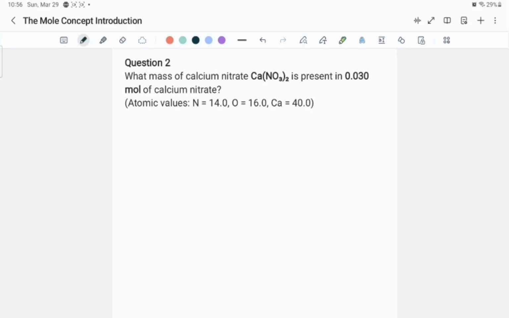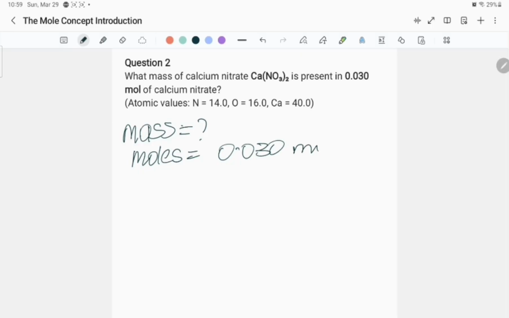You write down what you have, and we write this in chronological order. It's important to write these things in chronological order so you will see what you're doing, you will see your units, and how everything falls into place. The mass is not given to us, but the moles is given to us. The moles is 0.030.